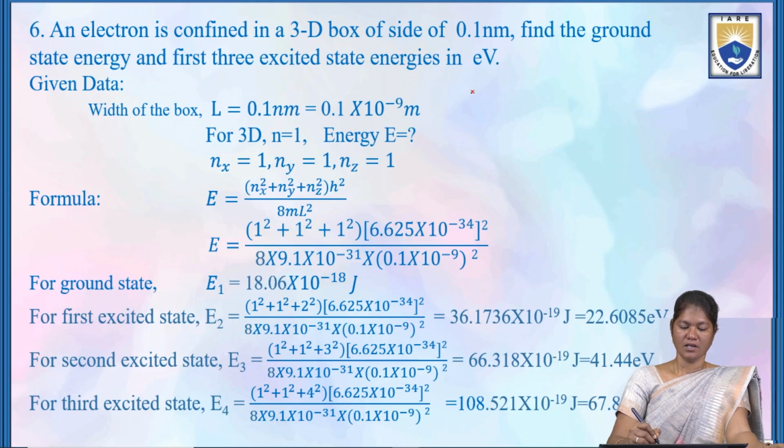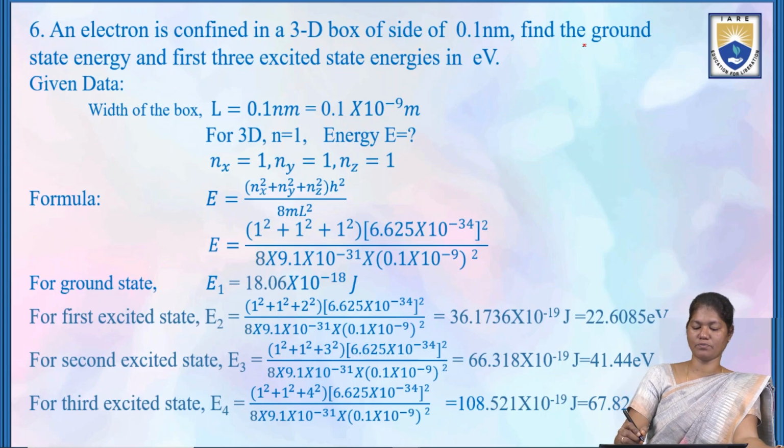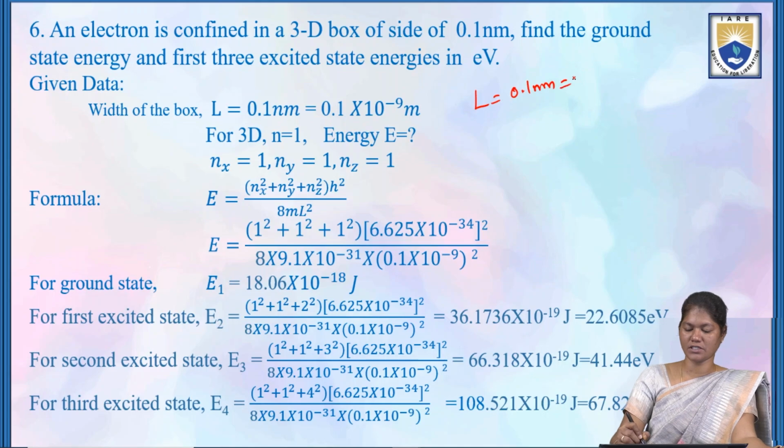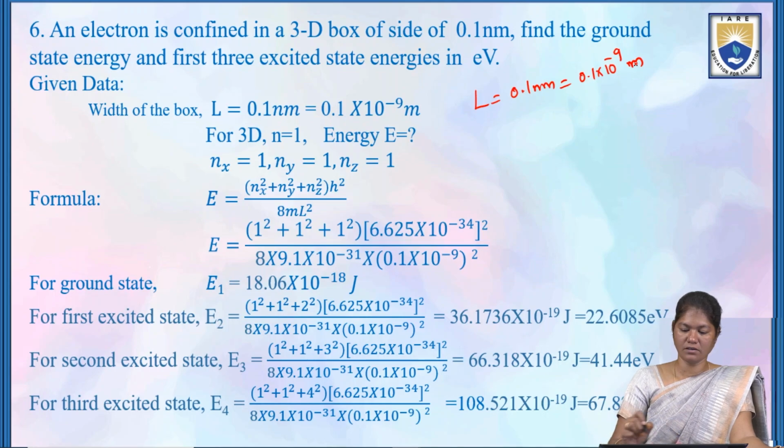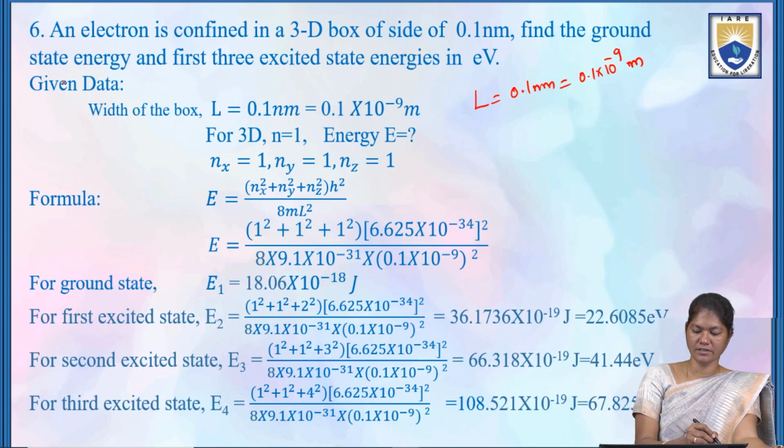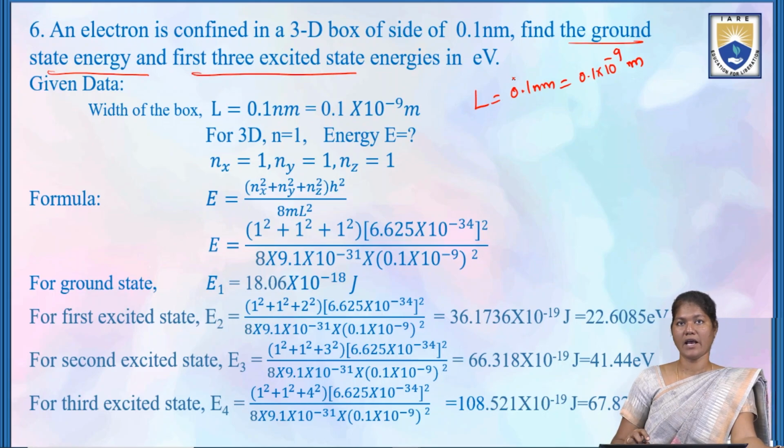So the length L is equal to 0.1 nanometer, that is 0.1 × 10^-9 meters.